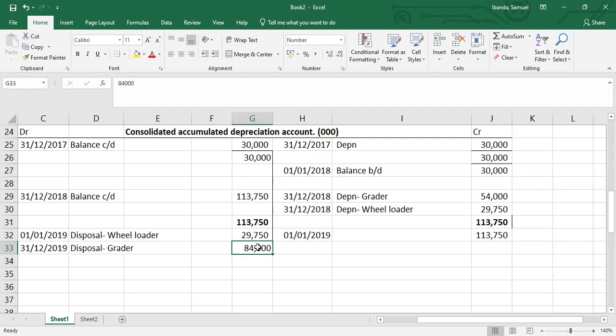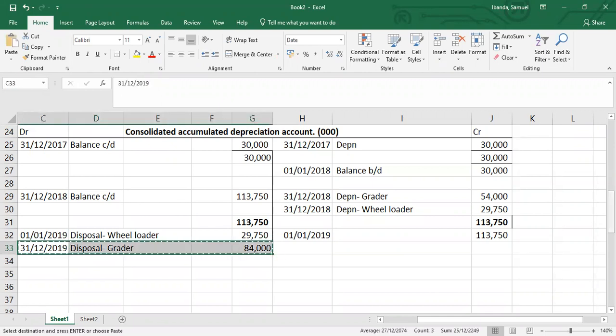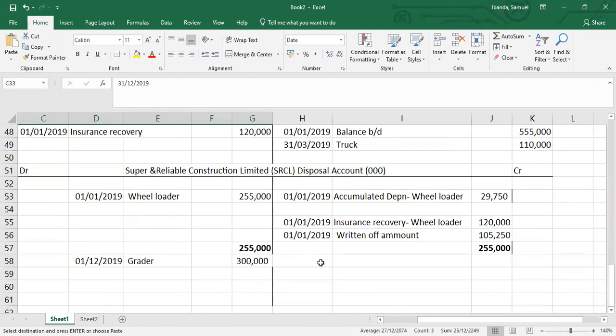Now, as you debit it here, you have to go and credit it in the disposal account. That is how we write off our, this is the disposal account.